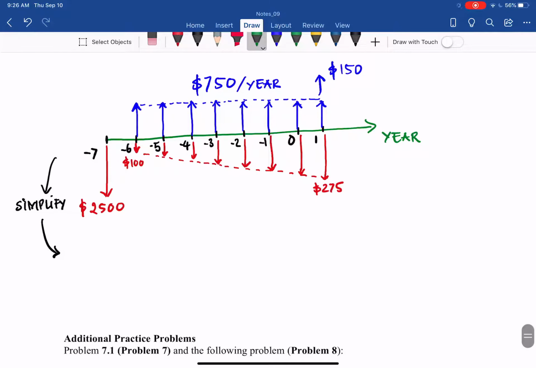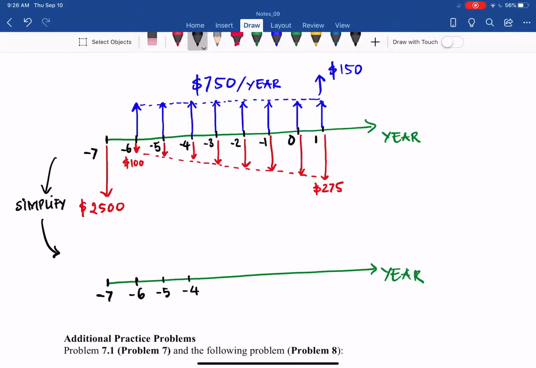Let's simplify that. We draw -7, -6, -5, -4, -3, -2, -1, 0, and 1.